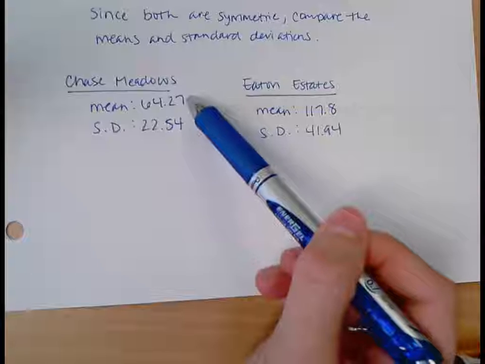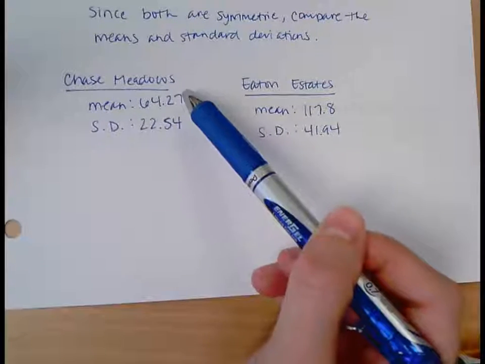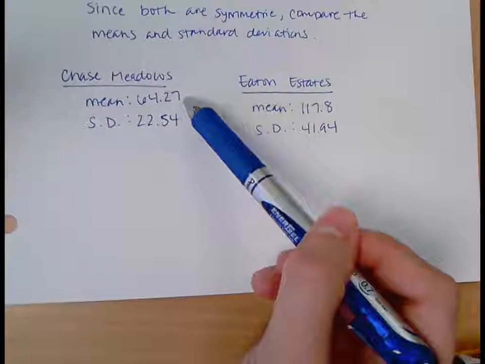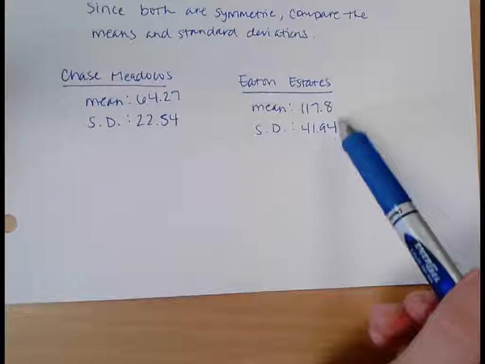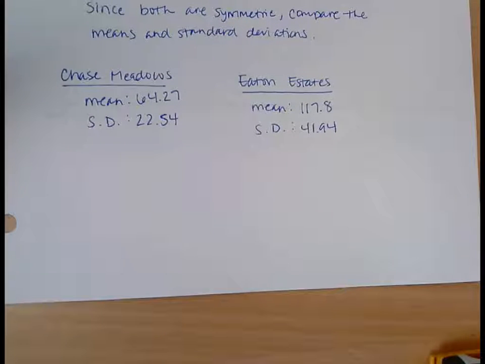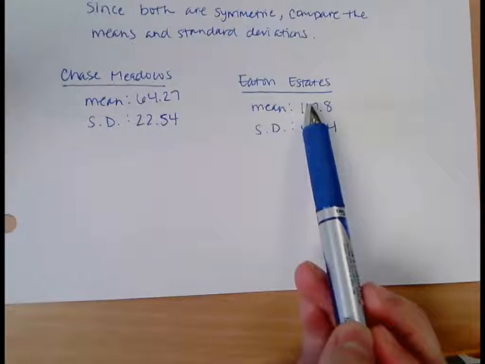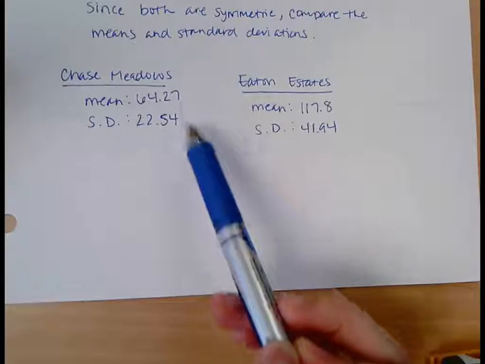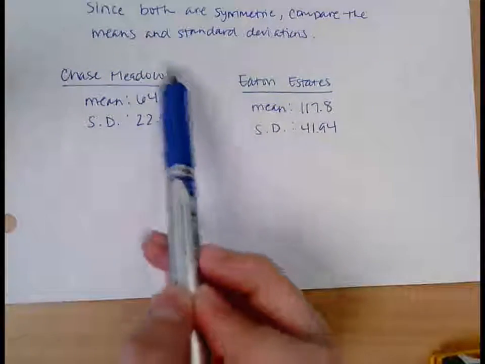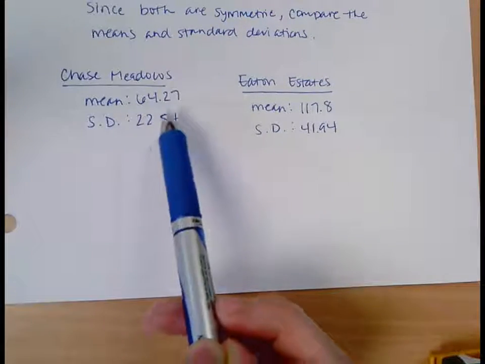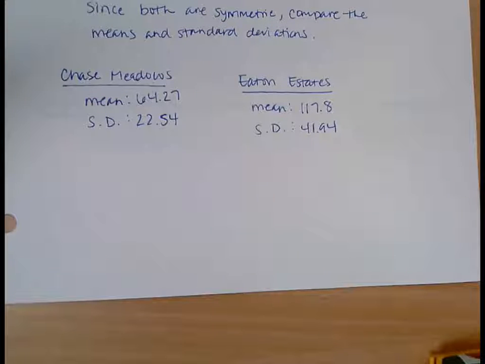That makes the mean for Chase Meadows a more accurate representation than the mean for Eaton Estates. The farther spread out your data is, the less accurate the statistics become. So I'm not saying we could not get a more accurate representation for Eaton Estates, but this is showing if we really compared the two, the Chase Meadows has more accurate data because of the smaller standard deviation.